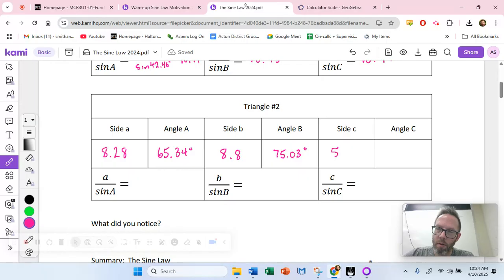Side C is 5.81, angle C is 39.63 degrees. I'm excited. Are we going to get this special number again? I could write a paper and become famous. My subscriber count will jump from like 125 to like 140.